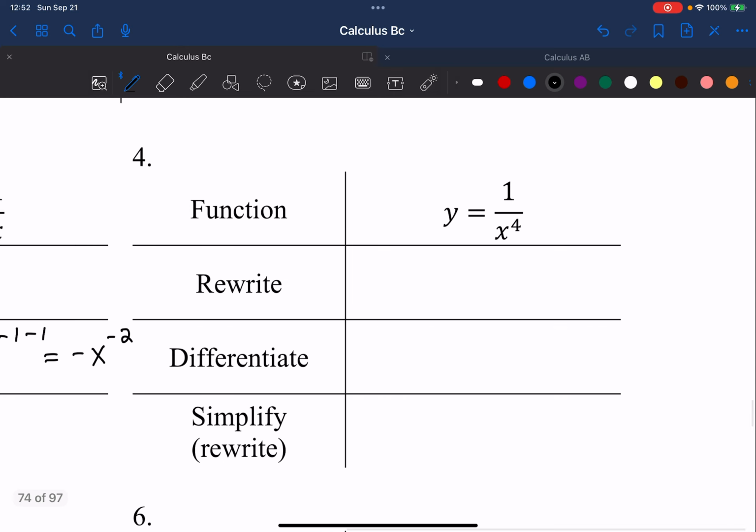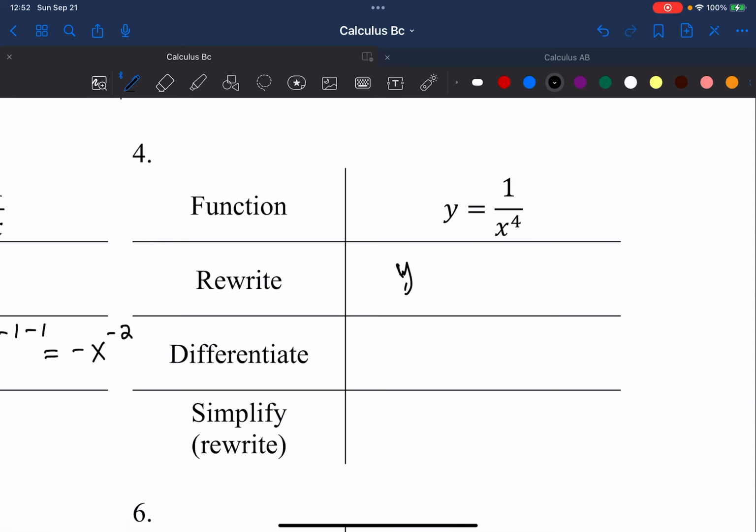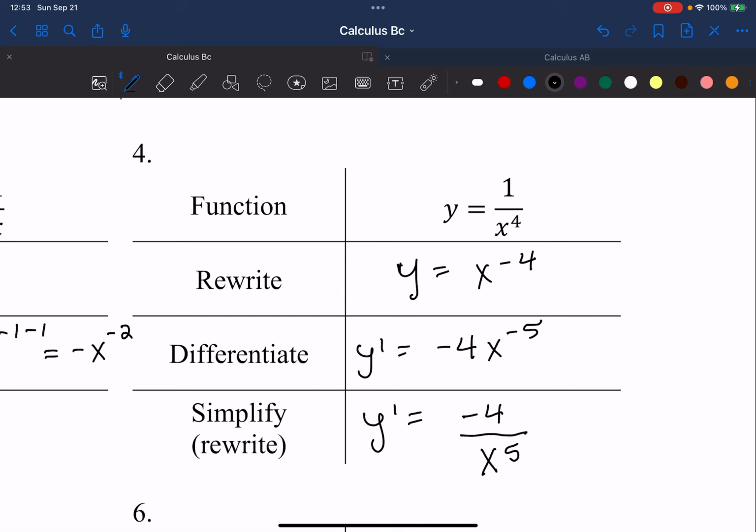This next one is the same as saying y is equal to x to the negative 4 power. y prime would be negative 4x to the negative 5 power, because I'm subtracting 1, which is the same as saying y prime is equal to negative 4 over x to the 5th power. Before, we didn't have a number in the front, which is why we didn't write a number at the top.